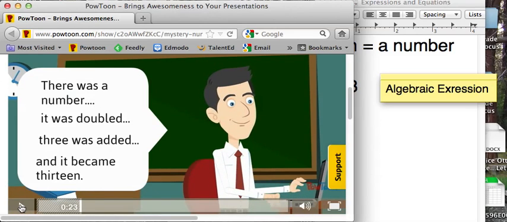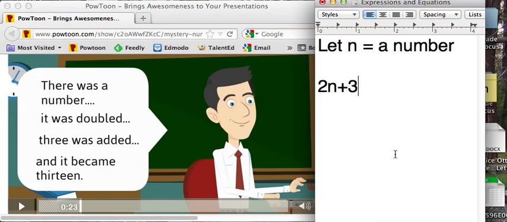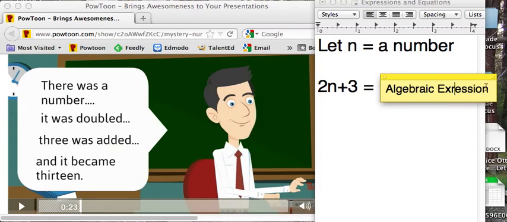And it became 13. Our algebraic expression is now going to turn into an equation because we're going to say it equals 13. So my algebraic expression, because I have an equal sign, just turned into an equation.